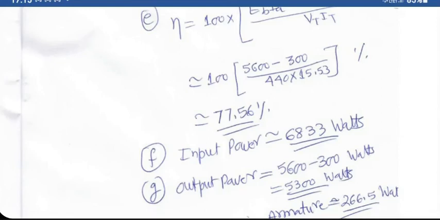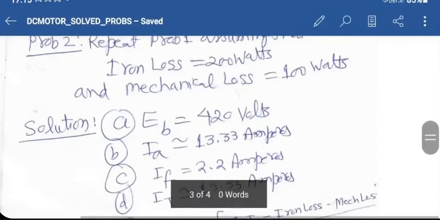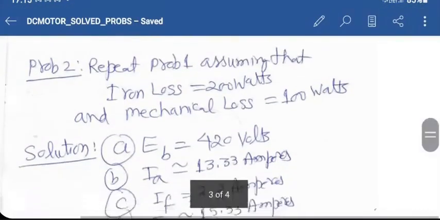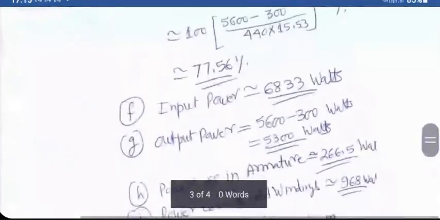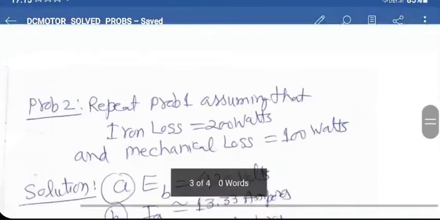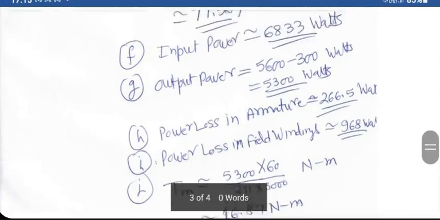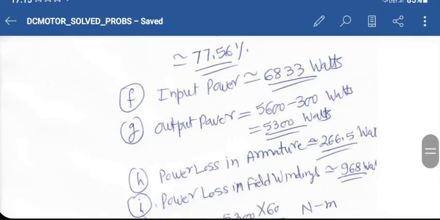But output power will be input power minus copper losses, which are known to us from previous problem, minus mechanical loss minus iron loss. You can double check all this. So output power now will be what we got in previous problem minus 300 watt, which is 200 plus 100. So 5300 watt is the output power.